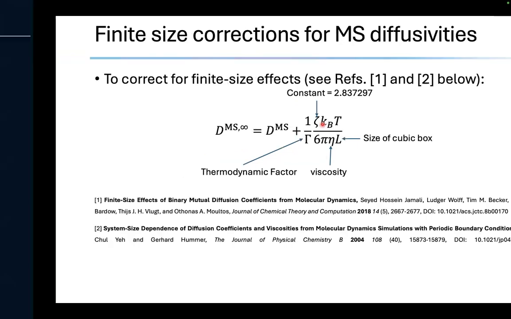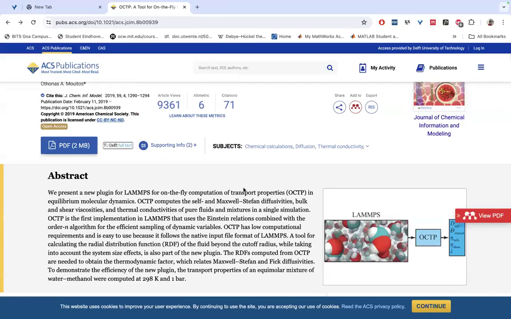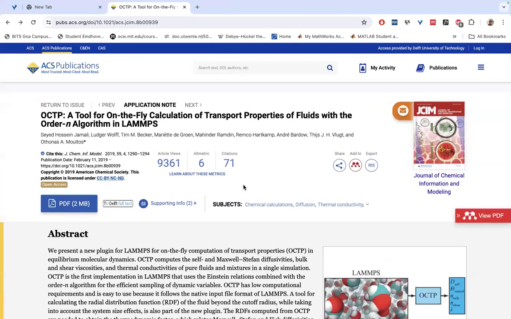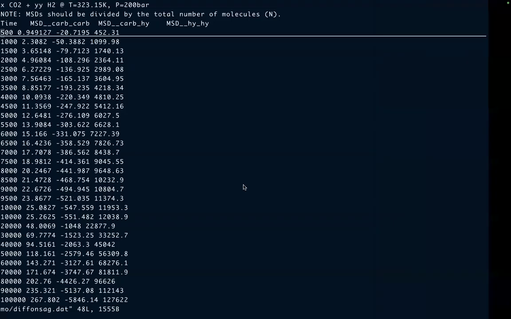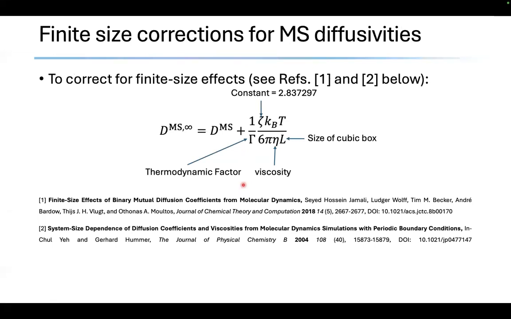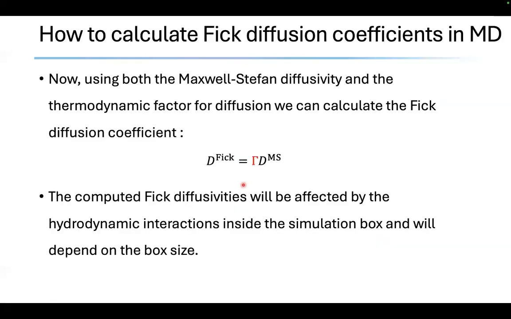For this, I once again urge you to read the article for this particular manuscript. Once you have corrected the Maxwell-Stefan diffusivities, you can multiply this with the thermodynamic factor to finally obtain the Fick diffusion coefficient.